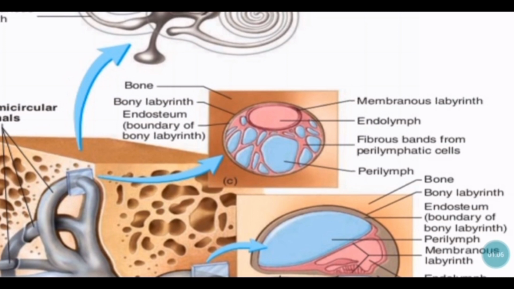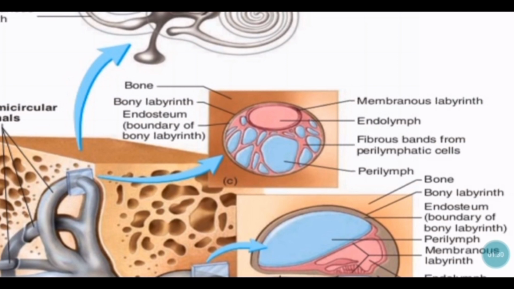The inner surface of the endosteum and the outer surface of the membranous labyrinth are covered with a very thin layer of cells called the perilymphatic cells. The membranous labyrinth is filled with a clear fluid called endolymph, and the space between the membranous labyrinth and bony labyrinth is filled with a fluid called perilymph.